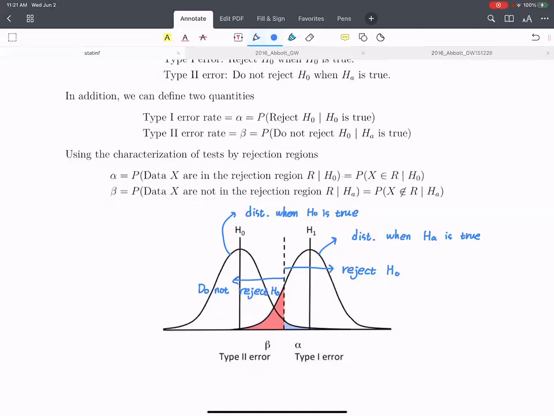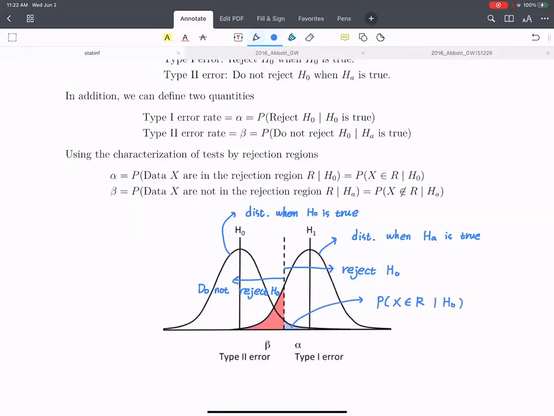So the blue area, the right tail area of the left distribution, is exactly indicating the type 1 error rate, because this is the probability of rejecting the null when the null is true.